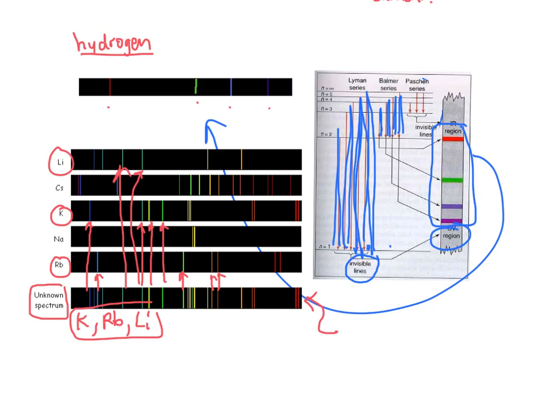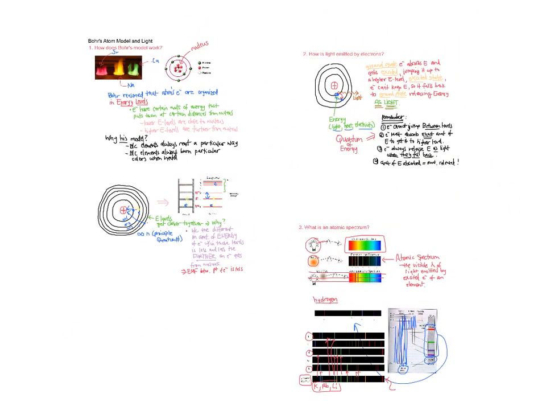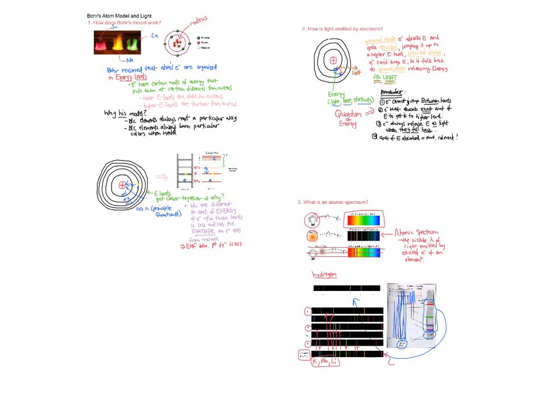And so we know that that's what that star is made of. So that's an atomic spectrum. We're going to actually look at some atomic spectra in class. All right, so that was Bohr's model of light and how it explains atomic spectra and how light is emitted from electrons.